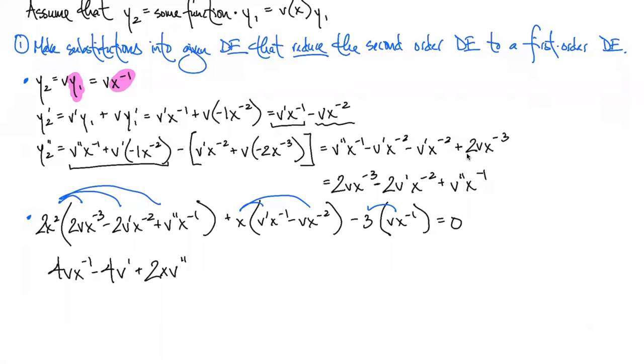Okay, all of that comes from the first clump. Then the second one, we have just a v prime minus vx to the negative 1. And then in the third clump, minus 3vx to the negative 1 equals 0.